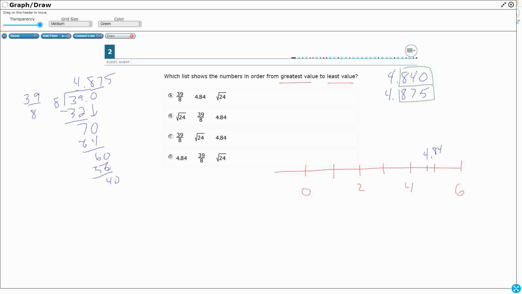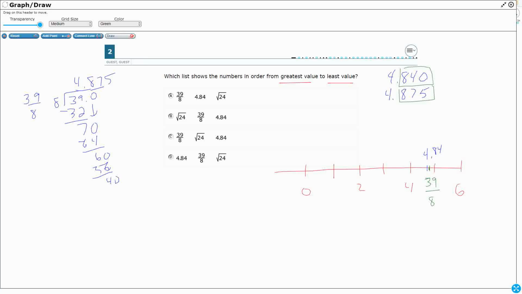Obviously 875 is a little bit bigger than 840, and it's easier to see mentally when they both go to the same place value. So I'm going to put 4.875, but really I want to write it in the original form, so I'm going to write it as 39/8.